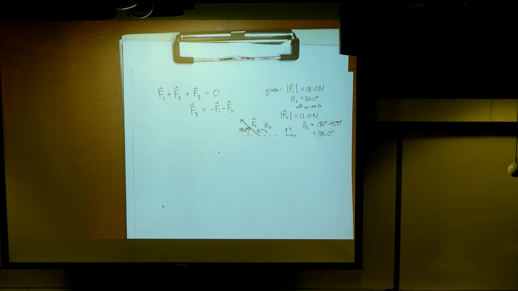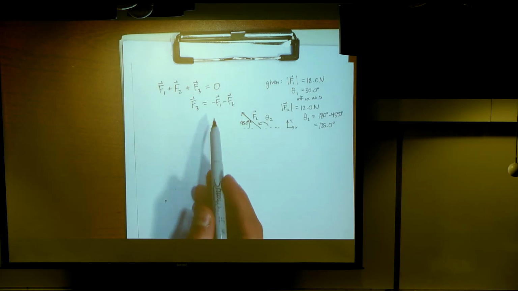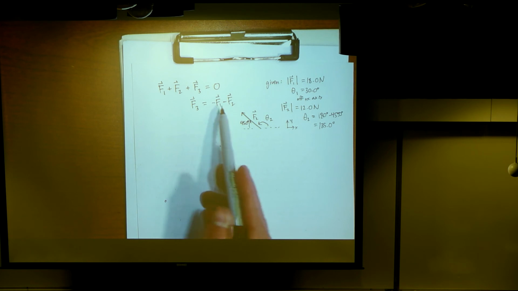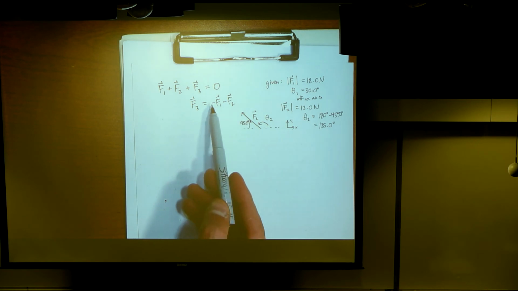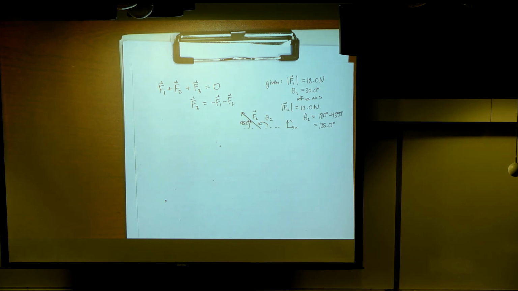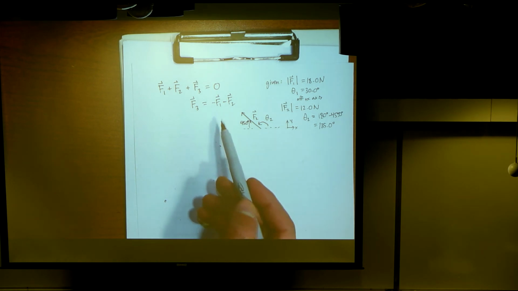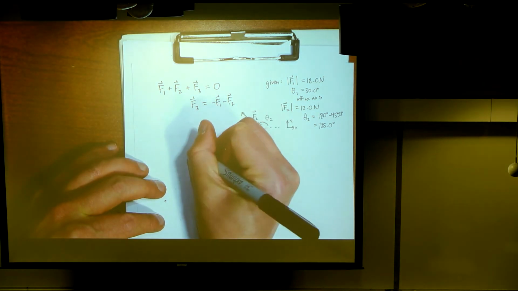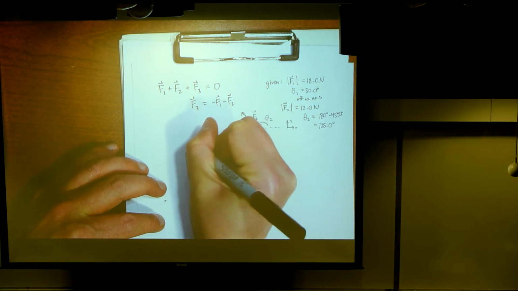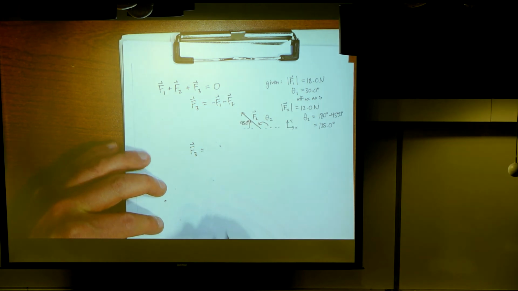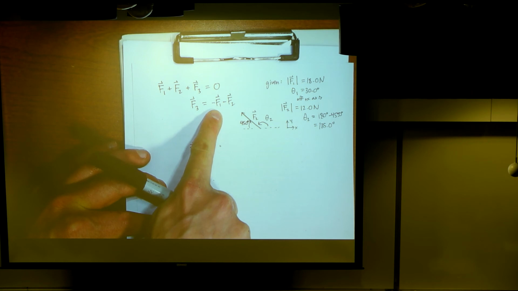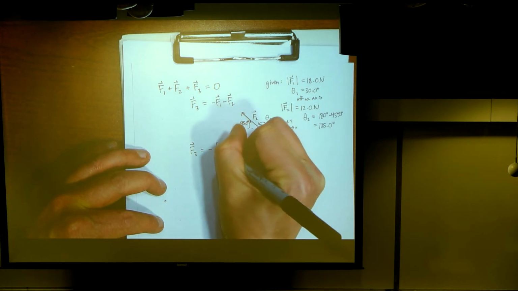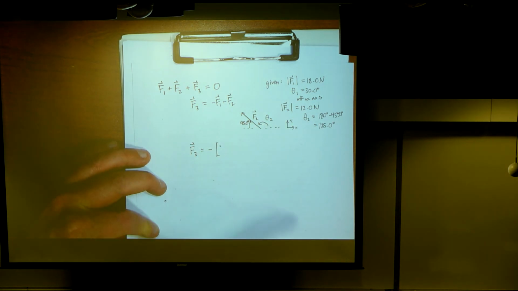So I think we're ready to go. Basically, I'm adding these two vectors together, which is minus F1 and minus F2. And each one I'm just going to express in xy component form, because that's how you generally do this. So what we have is F3 equals, I'm going to put a negative sign out front for F1. And then I'm going to write F1 in xy form.